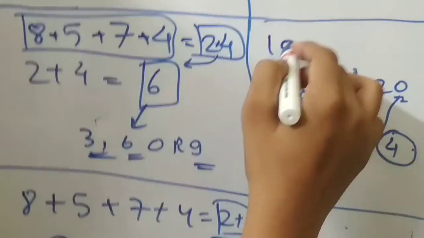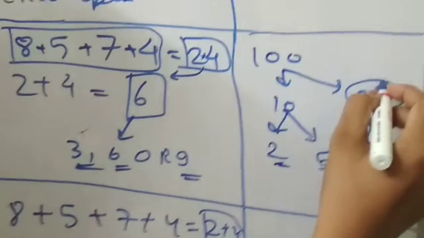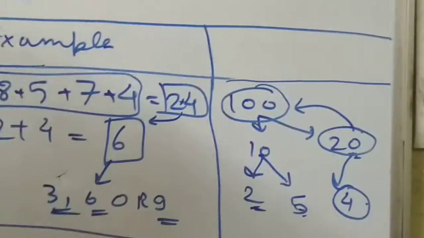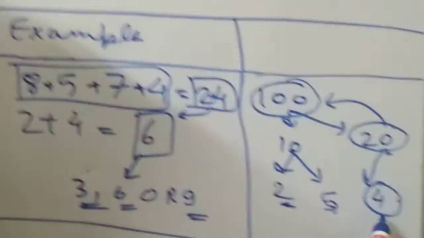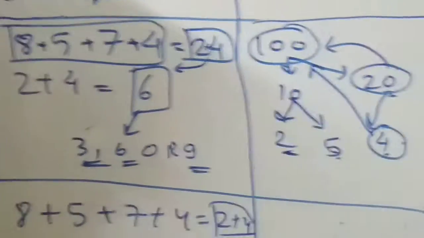100 is divisible by 20, which means that in the table of 20, somewhere 100 comes: 25 is 100. Now if you recite the table of 4 also, sometime or other you will get 100.